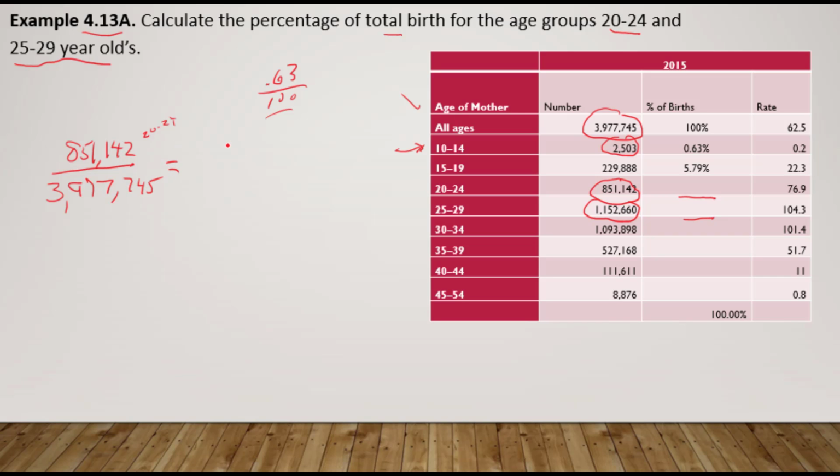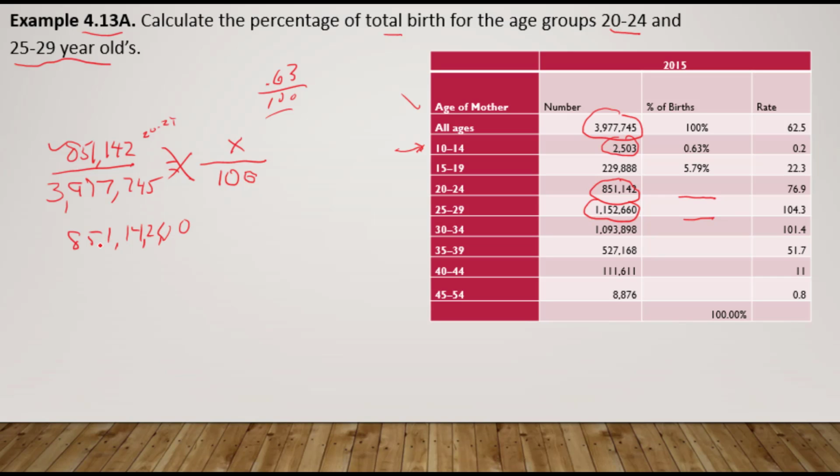And I am going to find the percentage by finding what number out of 100 these births represent. So I'm going to cross multiply, and we get 851,142 times 100.